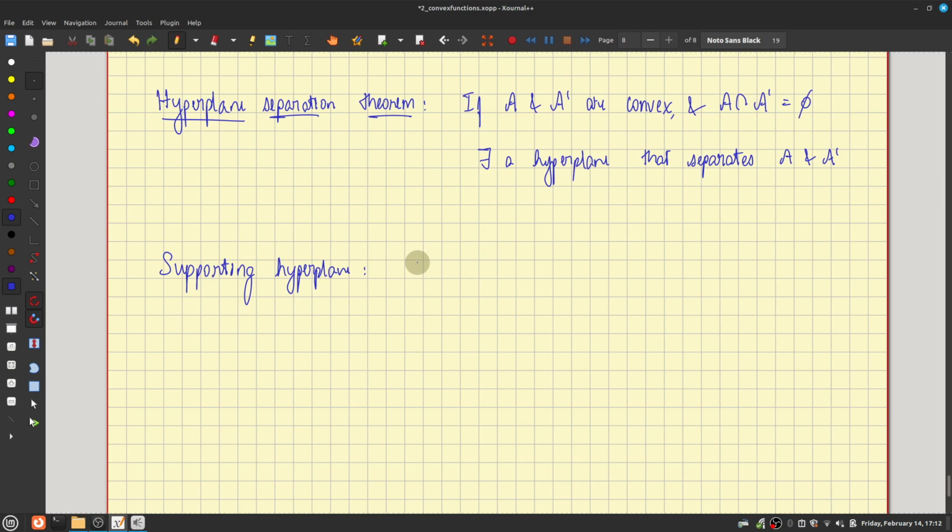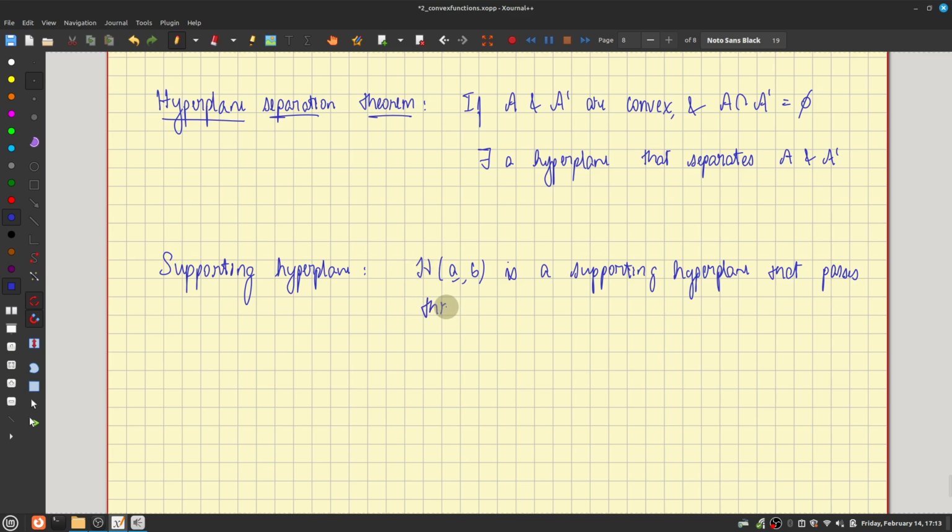So we say that a hyperplane defined by a normal vector A and a number B is a supporting hyperplane for a set A that passes through some point x naught.